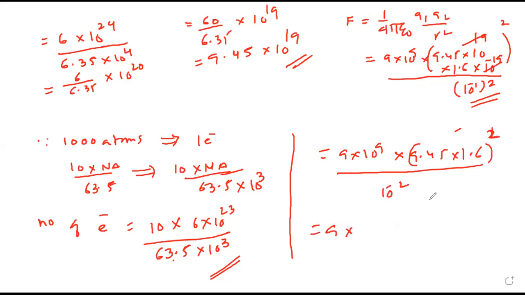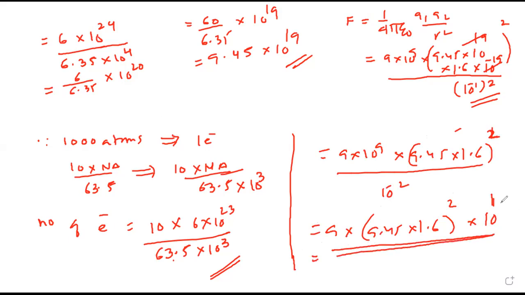So 9 into 9.45 into 1.6 square into 10 raised to 11. This then you have to just simplify. Can I leave for you? Okay, followed now? Yes, sir.